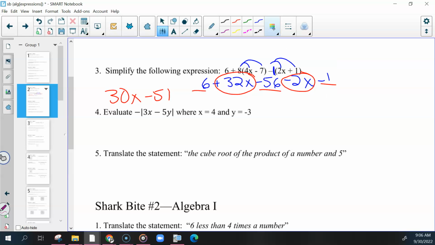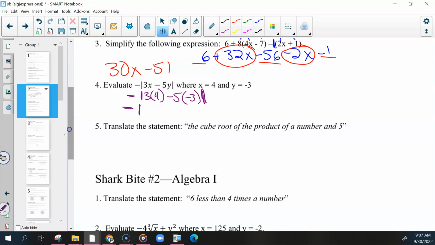For number 4, we had to evaluate, put both x and y back in. So even though we are no longer covering this, these are things we still have to keep in mind throughout the year. So we're going to put in a negative 3 and a positive 4. Use your parentheses or a dot. Do what's inside first.